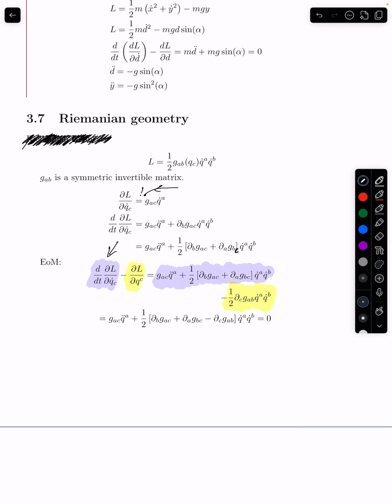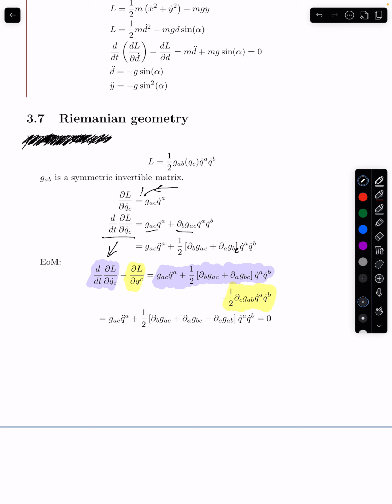Well, the next step for me is to take the time derivative of this combination. When I differentiate the second term, that's what I get here, right? And I can also differentiate this matrix g_ac.